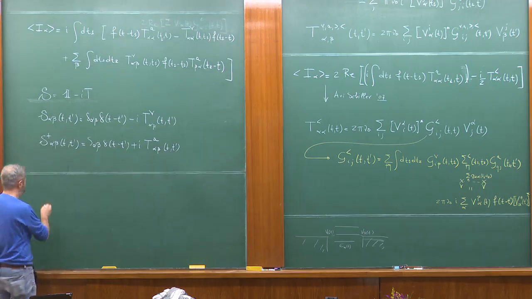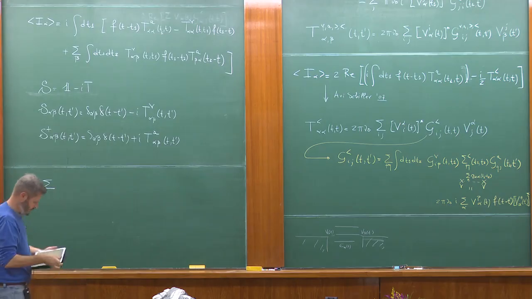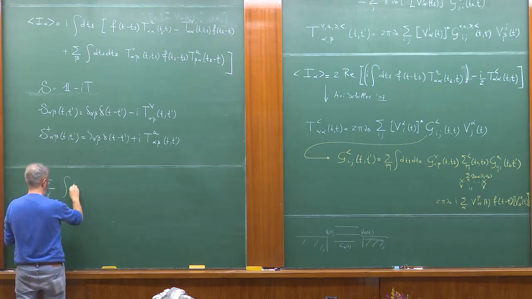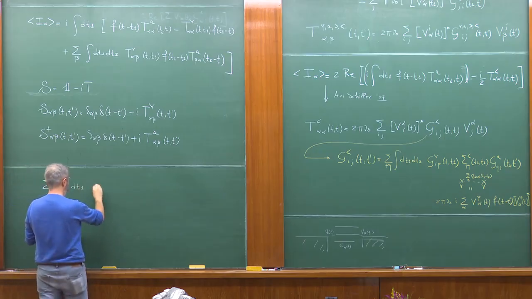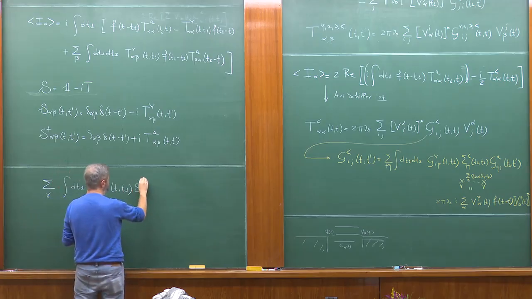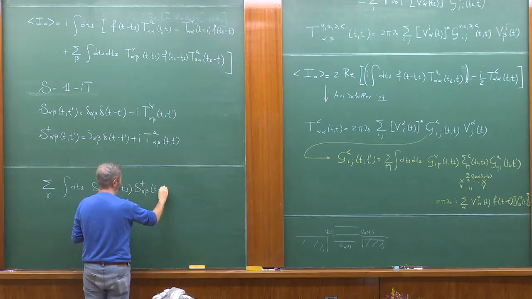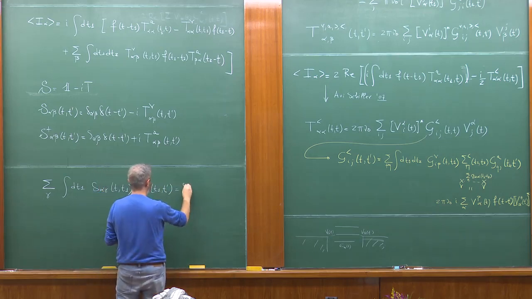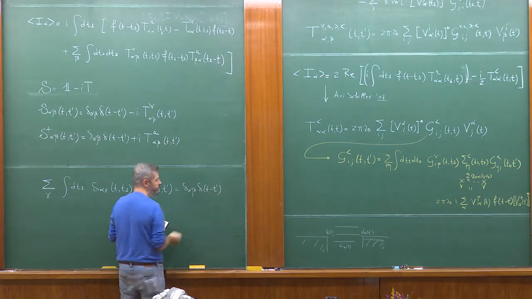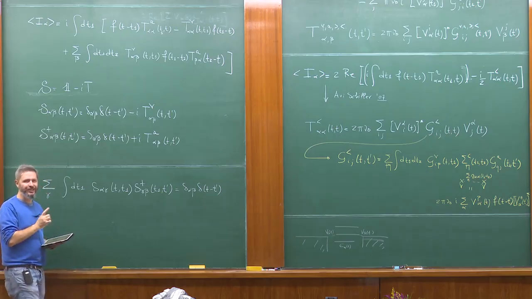Therefore I have to check that the sum over gamma of the integral dt1 S alpha gamma t t1 S dagger gamma beta t1 t prime is equal to delta alpha beta delta t minus t prime. Well, it turns out that it's correct. Intuition is always useful, right?